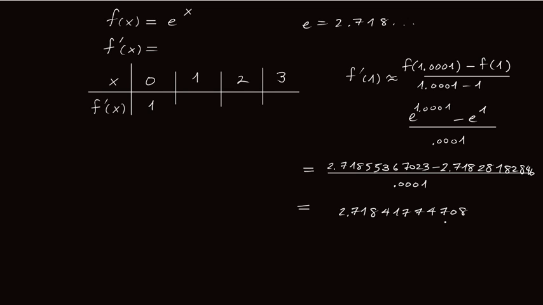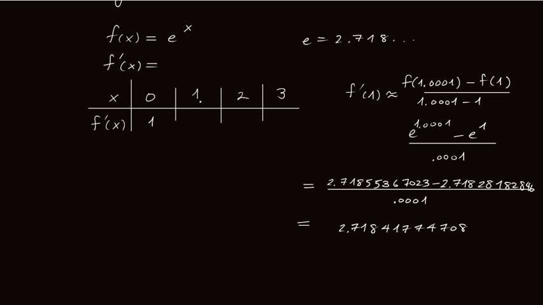So that's my estimate for f prime of 1, the derivative of e to the x at x equals 1. Now the thing to notice about this, and this is kind of crazy, is that this number is about the same as e.